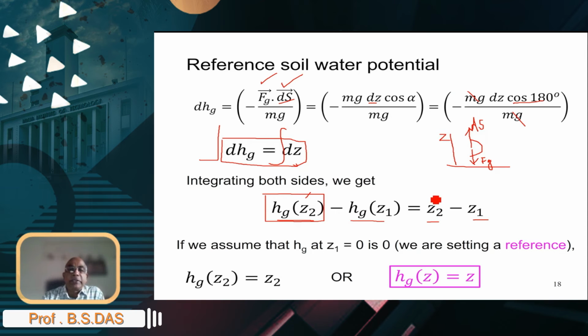We know where z2 is, but we need to know the value of hg at another known condition.